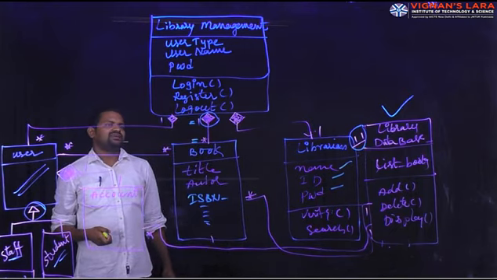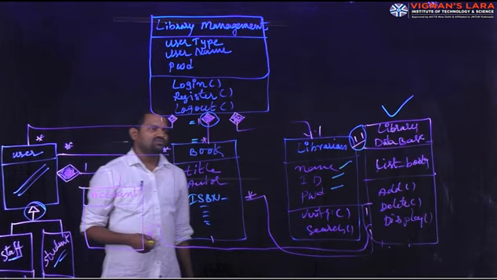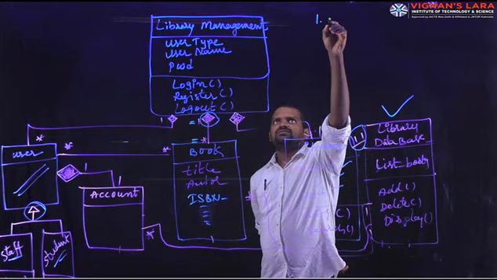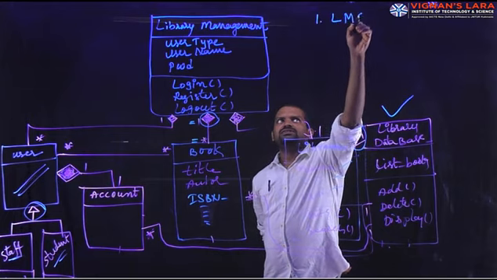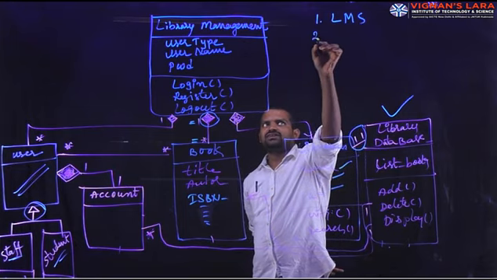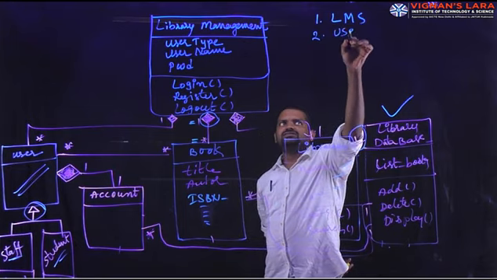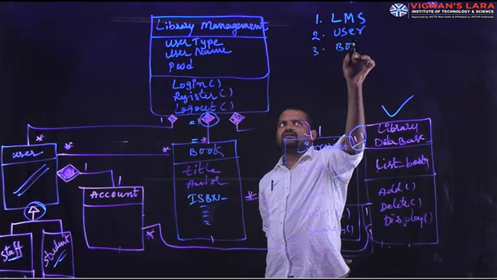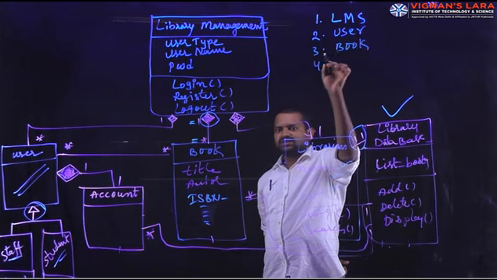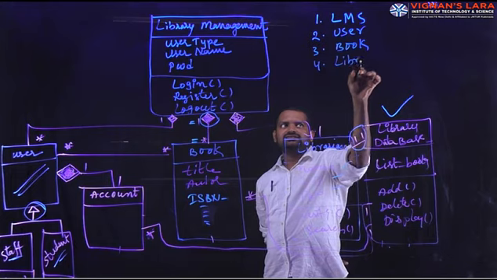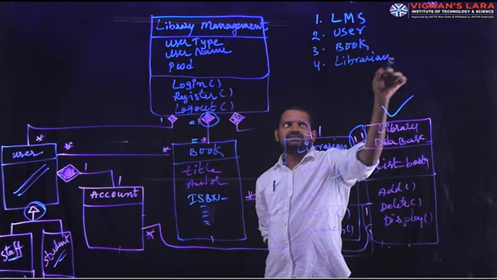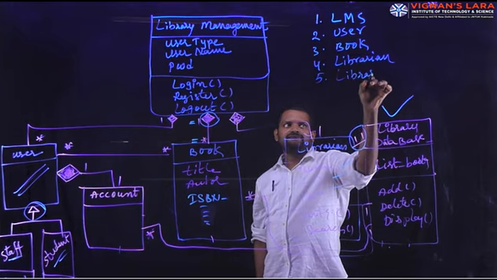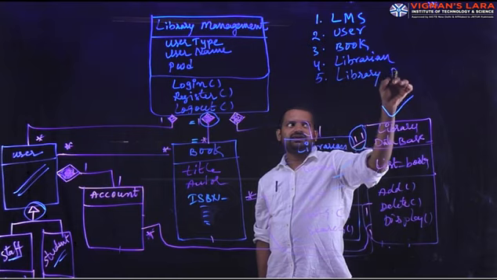So in the library management system, how many classes did we observe? First one is the library management system, the LMS class. Second one is the user class. Third one is the book class. Fourth one is the librarian class, and the fifth one is the library database.